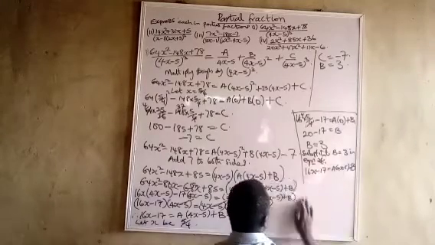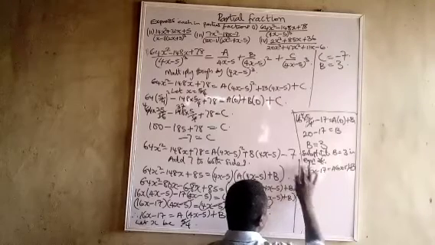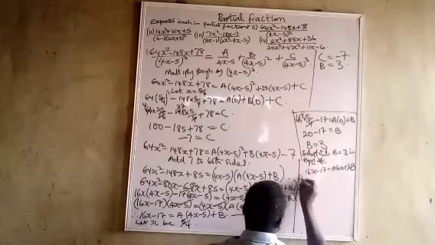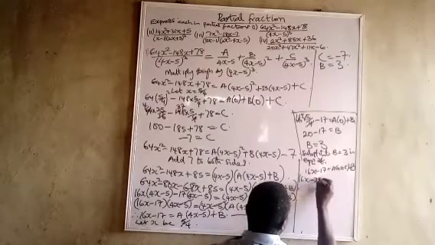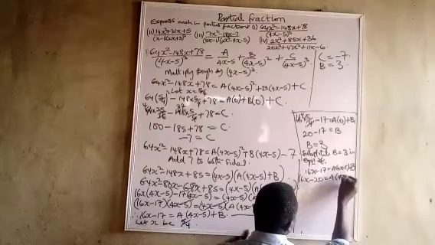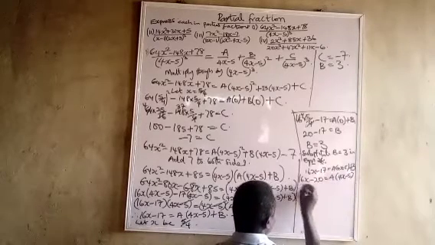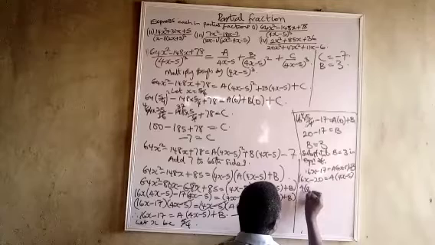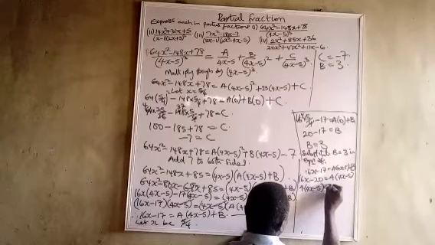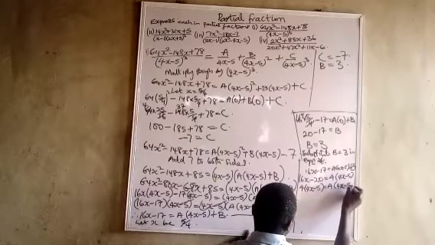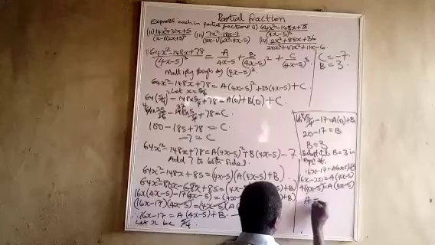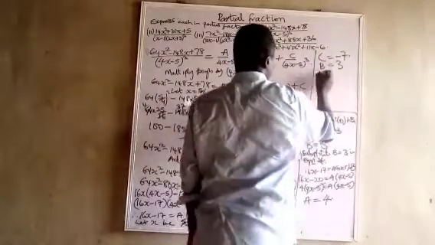So I'm going to have 16x minus 20 equal to a into 4x minus 5. Let me factorize this. It gives me 4 into 4x minus 5 equals a into 4x minus 5. So cancel, cancel. A will be equal to 4. So a equals 4.